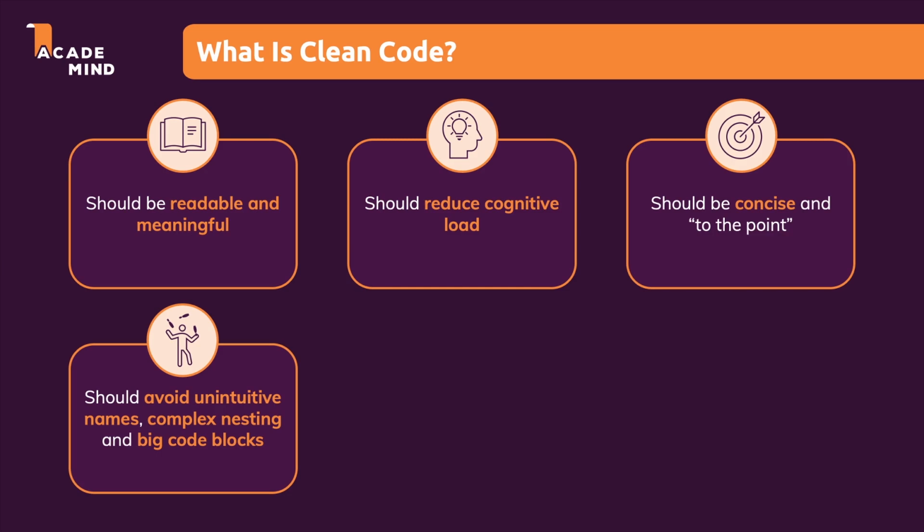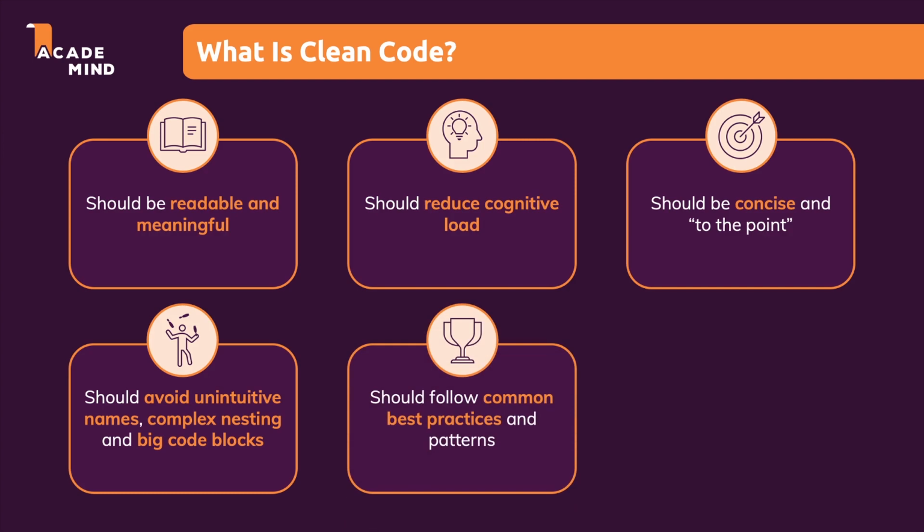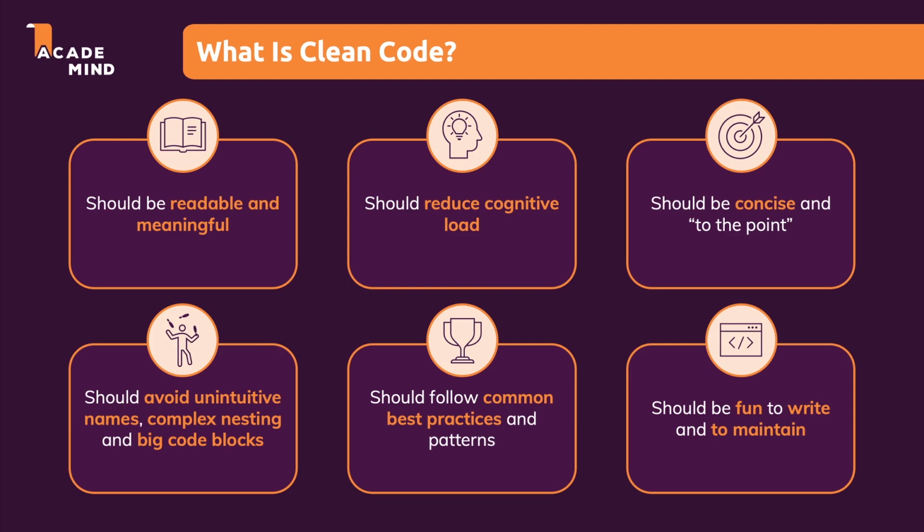You, of course, typically want to follow common best practices and patterns, and also a bunch of concepts and rules which I'm going to teach throughout this course. Because ultimately, it should be fun to write and to maintain code. And with clean code, you ensure that maintaining can be fun because your code can be understood by others.